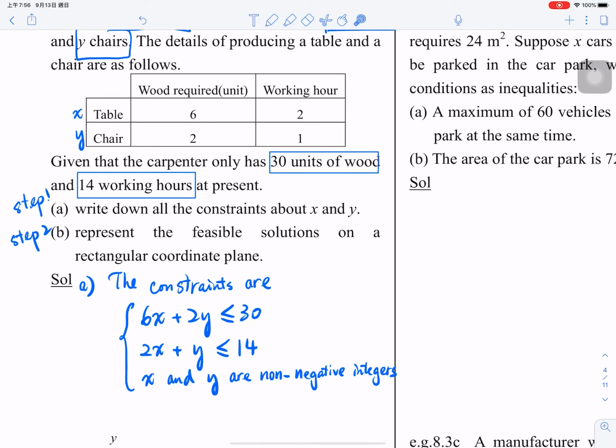Remember, if X or Y becomes a decimal, actually it's not the solution. X and Y must be positive integers, or say non-negative, because X and Y can be 0. That means only make tables or only make chairs, whatever. So better to write like this: X and Y are non-negative integers.